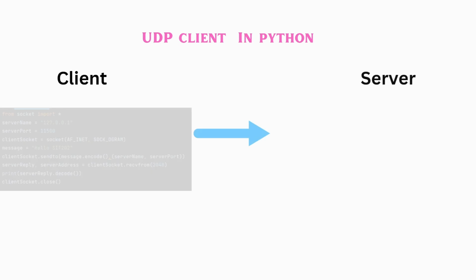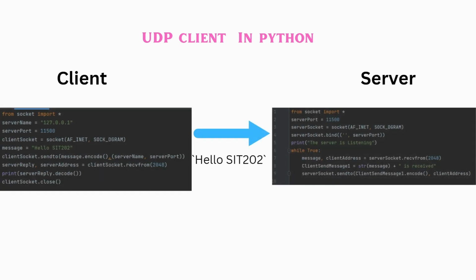We can easily understand from the slide how a message is sent from client to server by the UDP protocol. So today we mainly discuss how to send a message from client to server using Python. That is our main agenda.